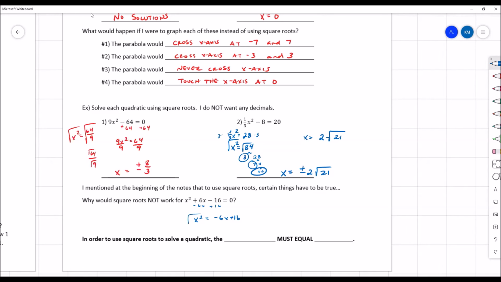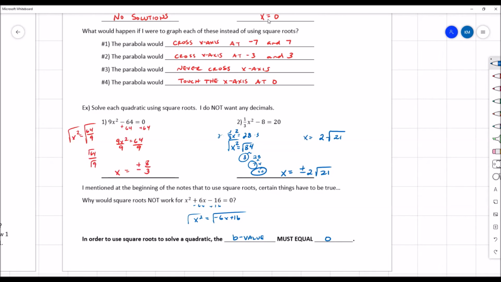And then you try to take the square root, but can we take the square root of negative 6x plus 16? No, can't. So in order to use square roots to solve a quadratic, the b value must equal 0. Anytime we have a b value that's visible, not equal 0, we're going to need a different method. And that's what we'll look at next time.